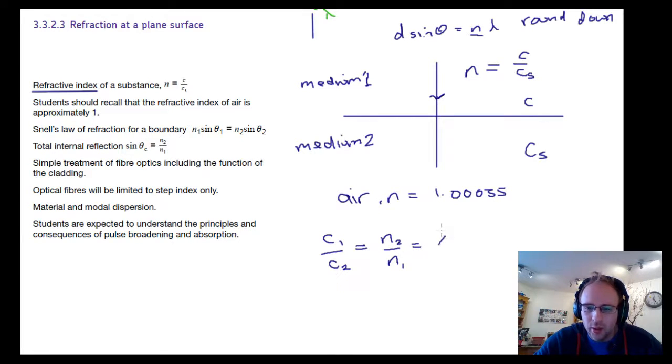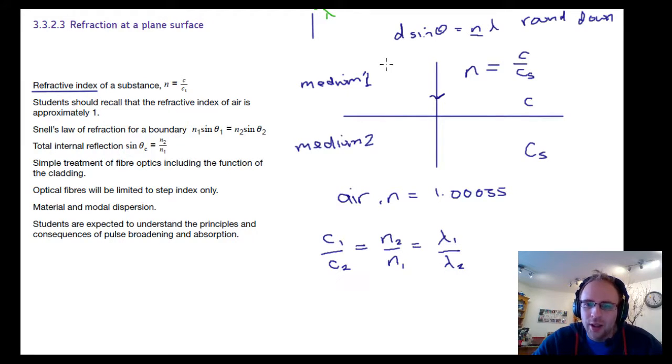And also, the frequency stays the same. When our wave travels across this boundary, our frequency stays the same. So the wave has the same energy. We get lambda 1 over lambda 2.